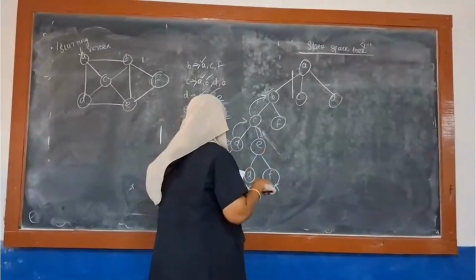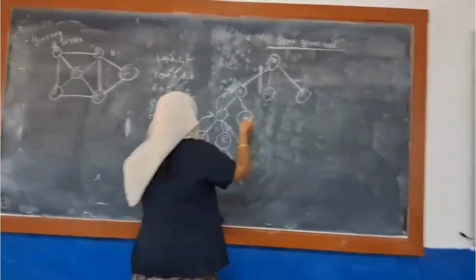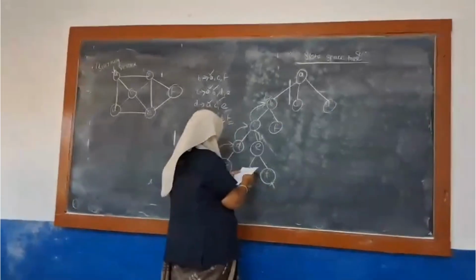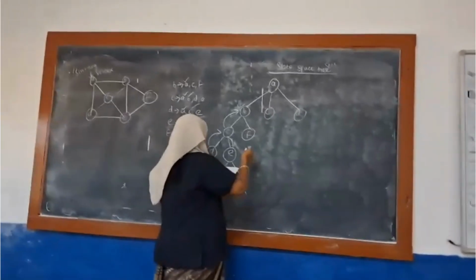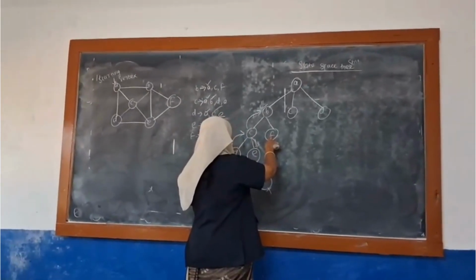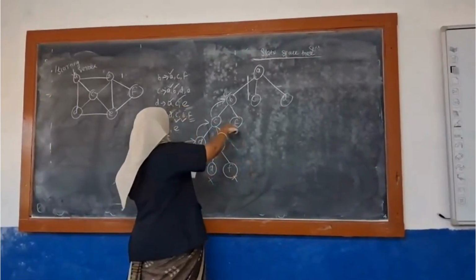Okay. So from B, we have the F. What are the neighbors from F?